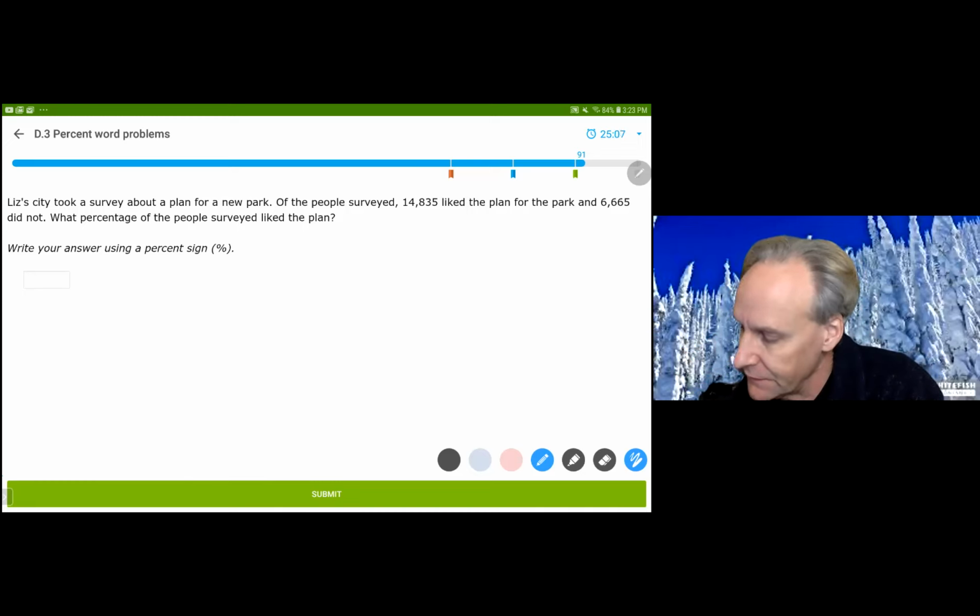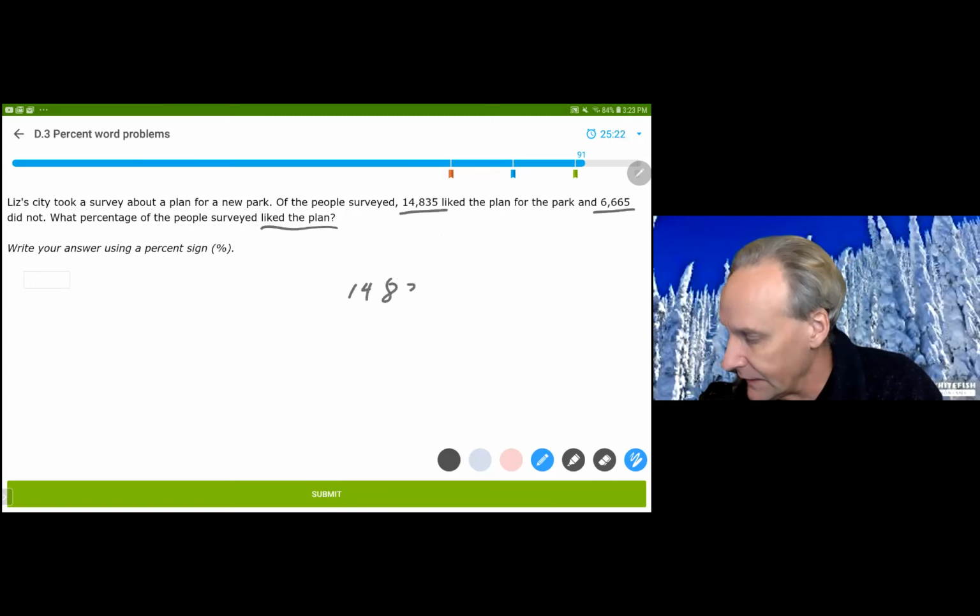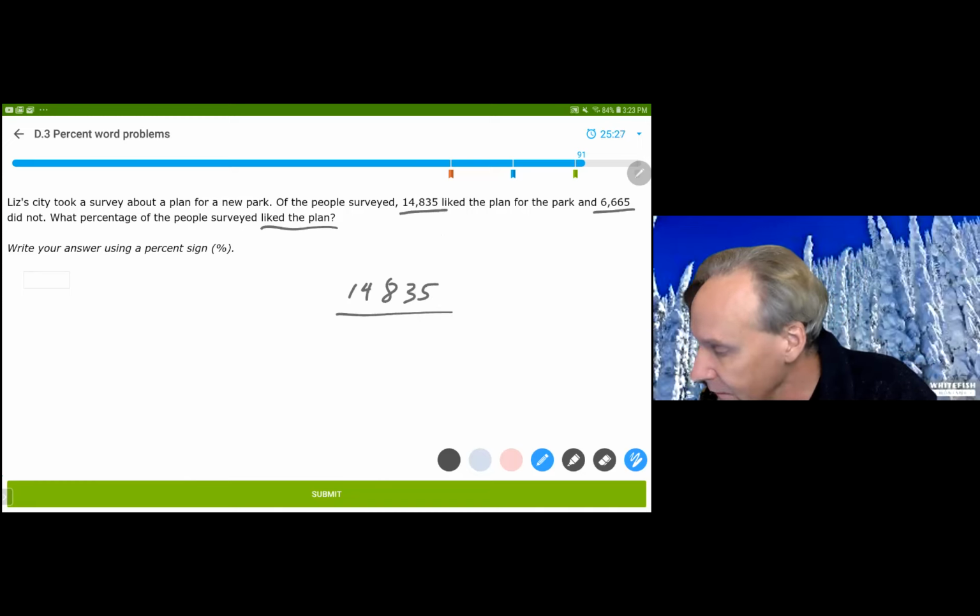Lisa City took a survey of a plan for the new park. Of the people surveyed, 14,835 liked it and 6,665 did not. What percentage liked the plan? So it's 14,835 over the 20,000. Let's see, I'll just write it 0, 0, carry the 1, 5, carry the 1, and 21, I believe, 500.